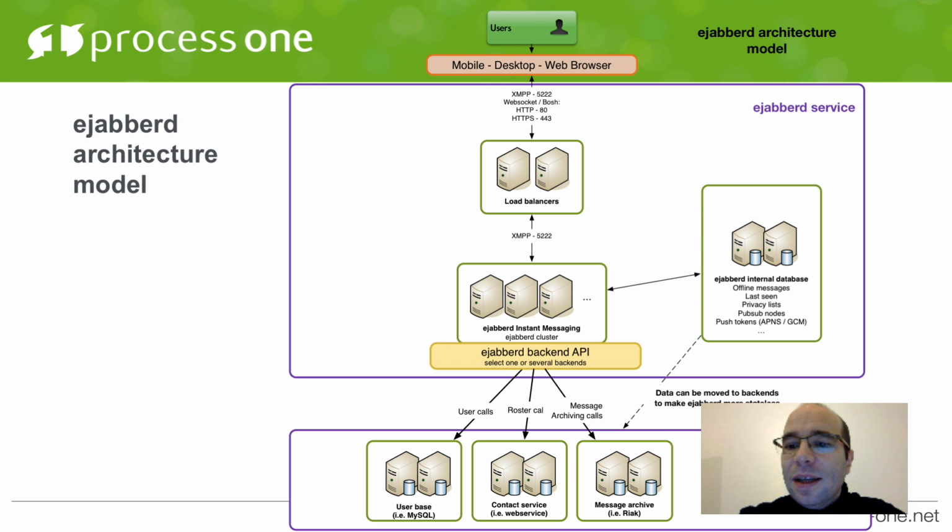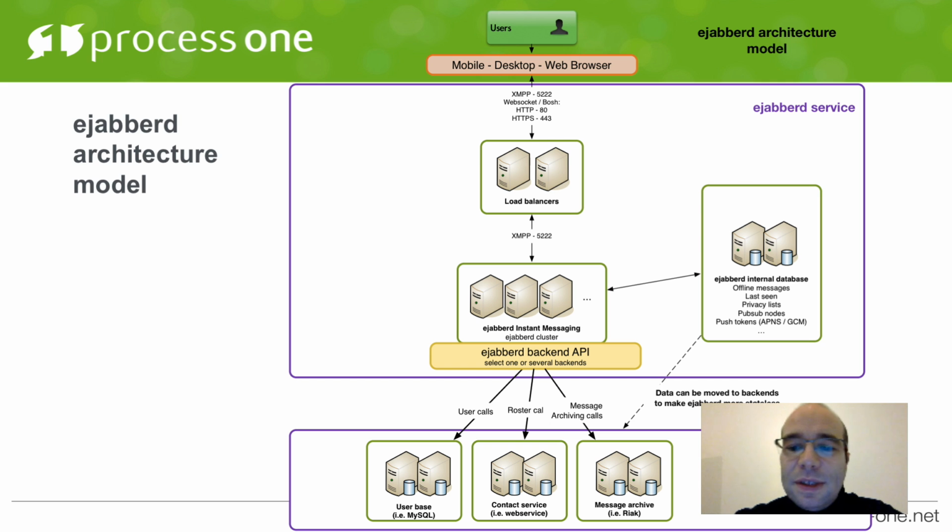For example, last seen or PubSub nodes, you may want to keep in the internal database because it's not always heavy-duty use of those modules. And for some others, like user base, contact service, message archive, you may want to use another backend. Typically, that's how you design your ejabberd architectures.